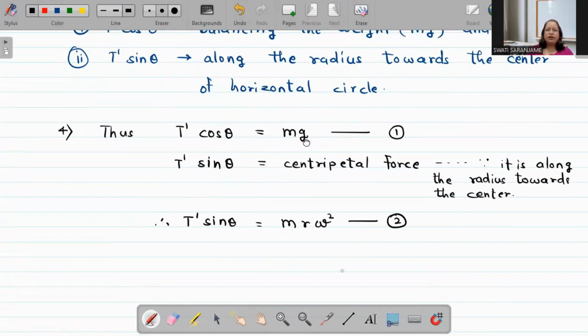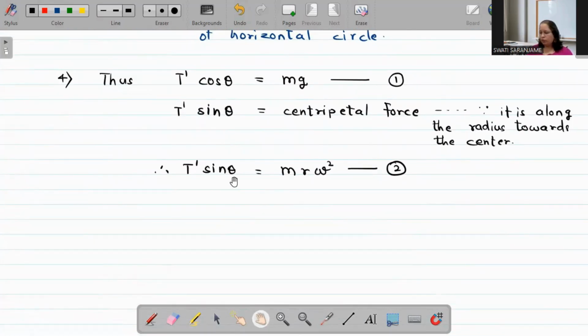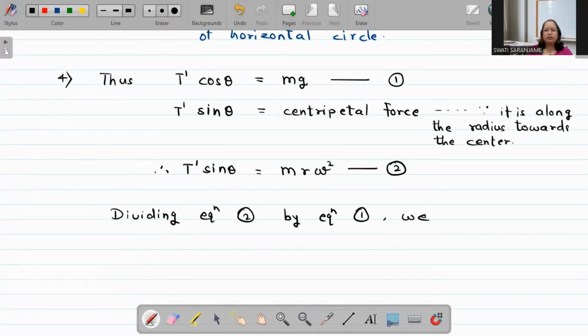So if we divide equation 2 by equation 1, what do we get?